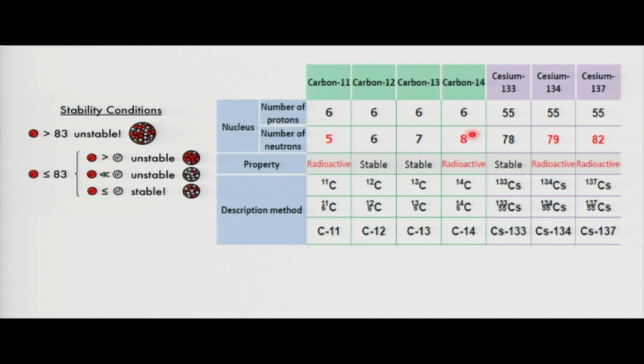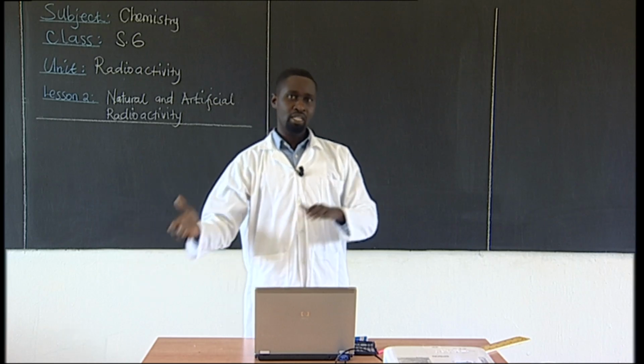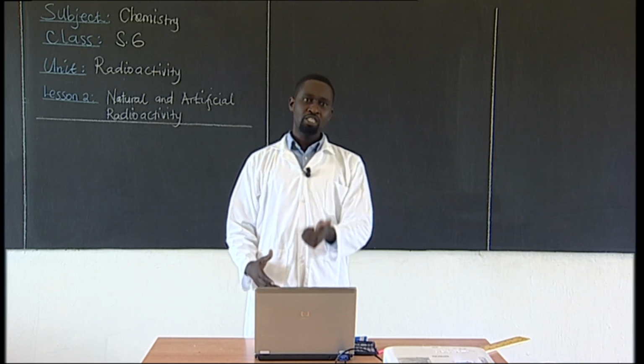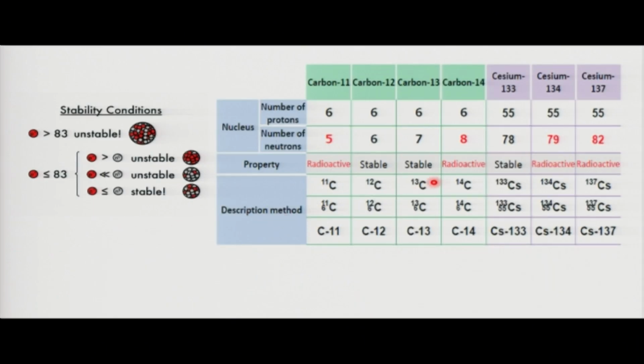So the condition here is the number of protons is far less compared to the number of neutrons. In other words, the neutrons are far greater in number. Also, that brings about instability in the nucleus, making that isotope radioactive. Specific example, carbon-14.